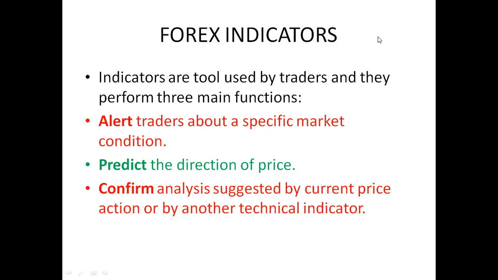And the third point is that they confirm an analysis that has been done already. So if you have done support and resistance, or chart pattern analysis, and you need a confirmation because you are not too sure, then you can refer to indicators as your confirmation to whatever analysis you might have done earlier. Is that okay? So that is that about Forex indicators.